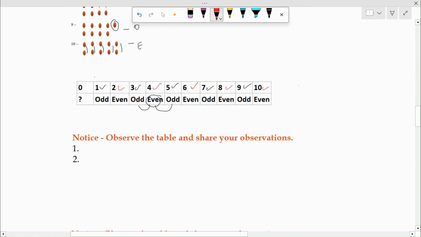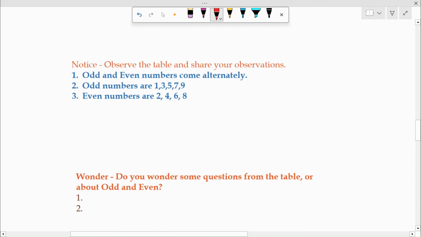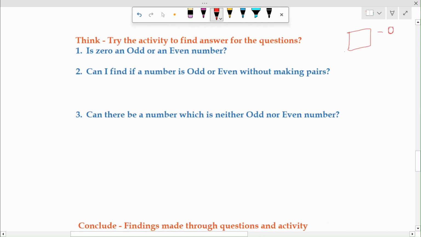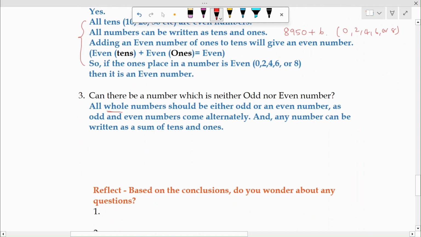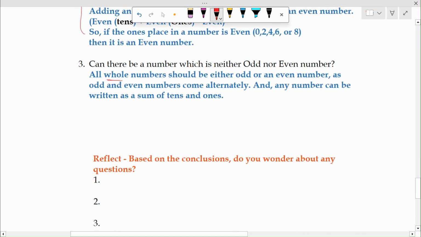If you tell a big number 8,596,231, this can be an odd number, and I say 8,596,232, the next number has to be an even number. So all whole numbers should be either an even number or an odd number. So even if you say infinite plus 1, it can be an odd or even number.